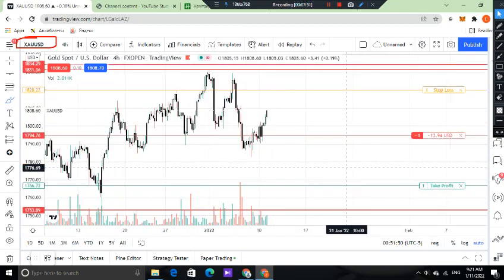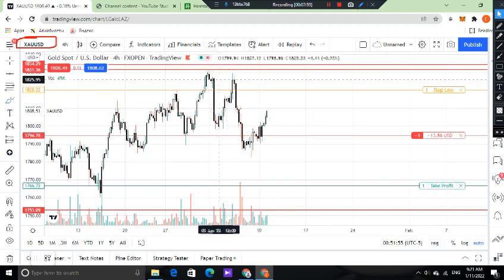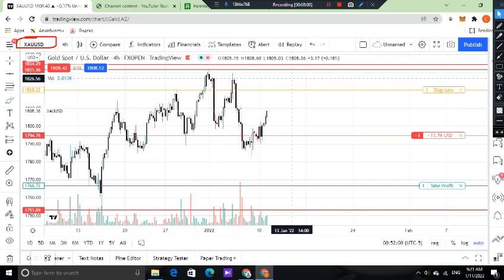They're actually strong enough to make such a pullback like this. And I think it's more than 78% Fibonacci.